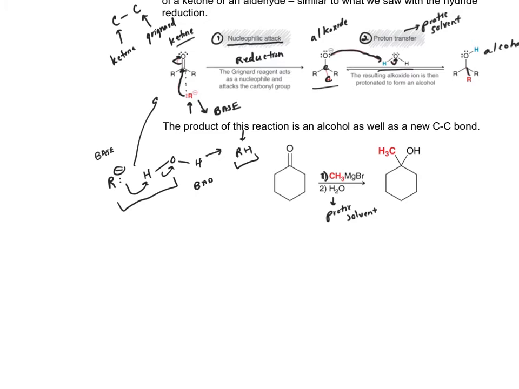Now, I know it's like, well, big deal, sure, I'll remember that this has to happen in two steps, but it's also important if you actually ever have to utilize a Grignard reagent. They are so susceptible to reaction with water that you would have to ensure that all water has been removed from the atmosphere around the reaction, because if it's not, they will react with the water and it will ruin your overall reaction. It will essentially just take away all of your Grignard reagent.